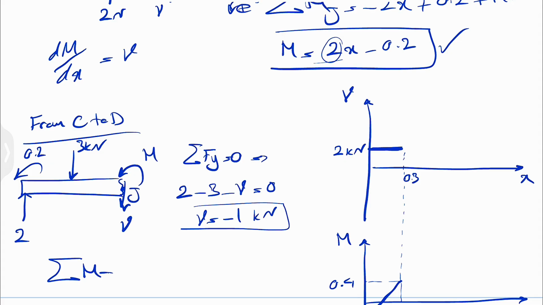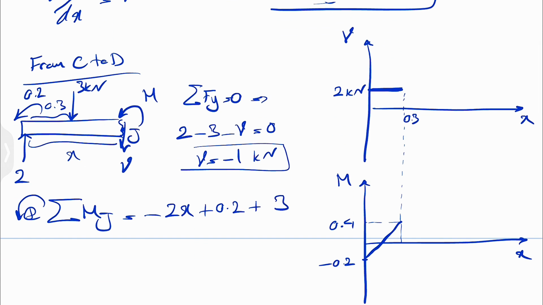We're going to call this point J, counterclockwise positive. This is our x. I get minus 2x plus 0.2. We have the moment of the 3 kilonewton. This distance we know is 0.3, so it's also positive because it's a counterclockwise moment. So plus 3 times x minus 0.3.